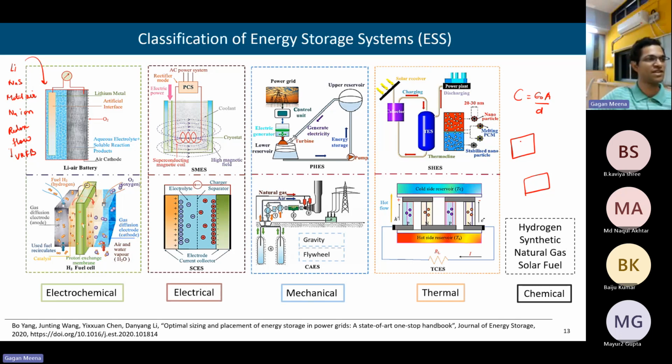The material used is very highly porous, and because of that the overall surface area is increased, and because area is increased, capacitance increases. That is the basic principle for supercapacitor energy storage.